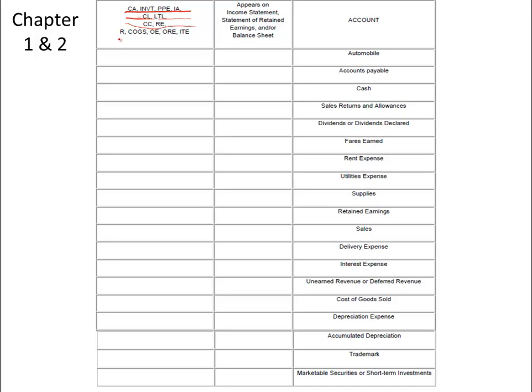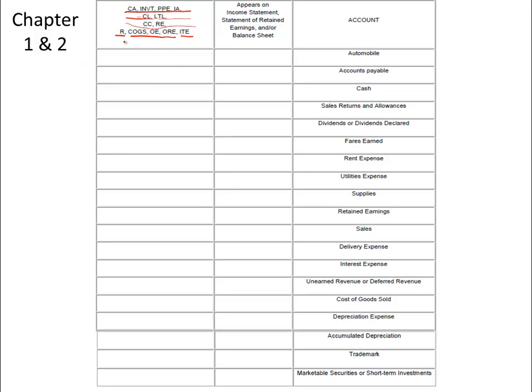And when we look at the income statement, we have revenue, cost of goods sold, operating expenses, other revenue and expense, or income tax expense. So those are the different categories.